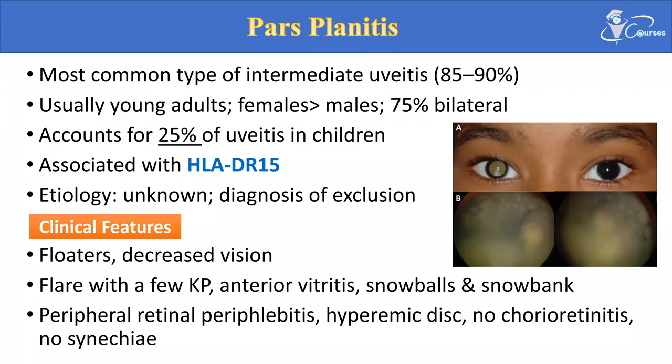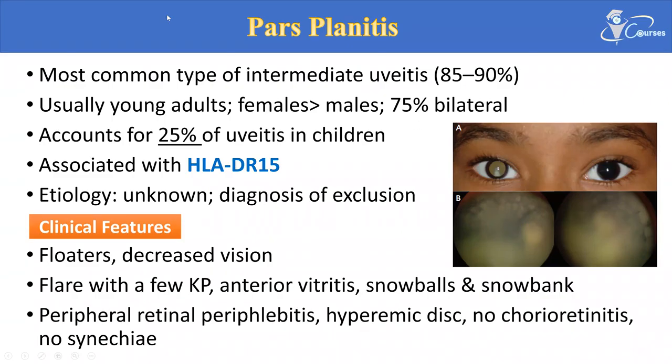Pars planitis is the commonest form of intermediate uveitis, accounting for around 90% of patients with intermediate uveitis. Usually it affects young adults, more in females than in males, and around 75% of patients are bilateral.